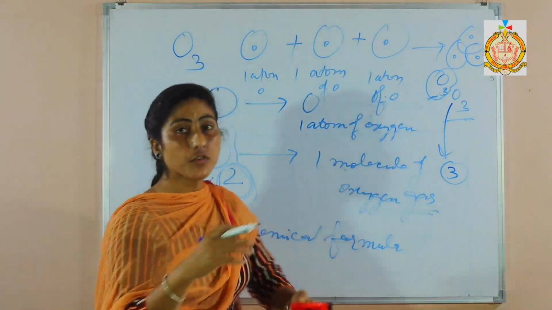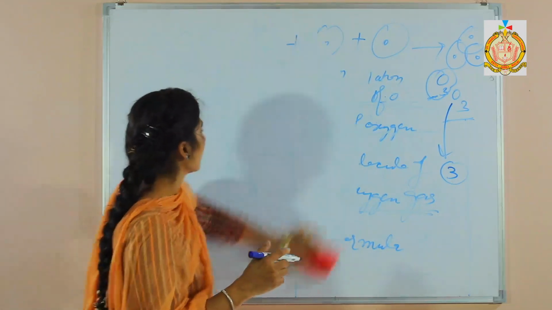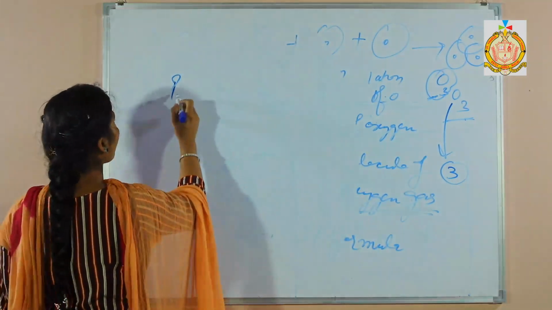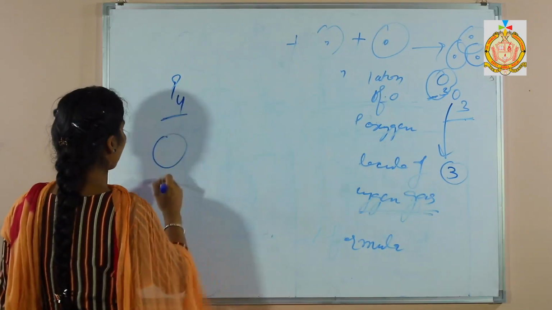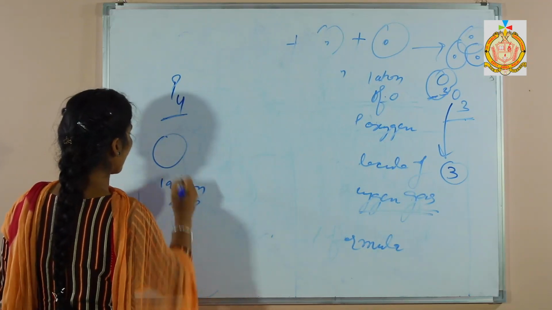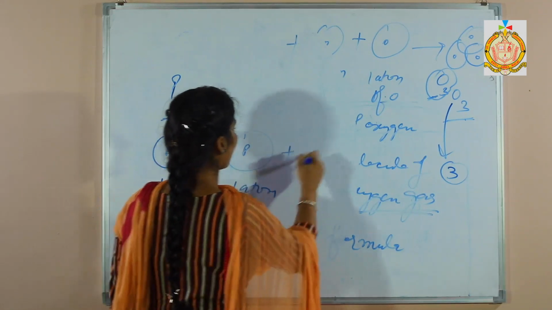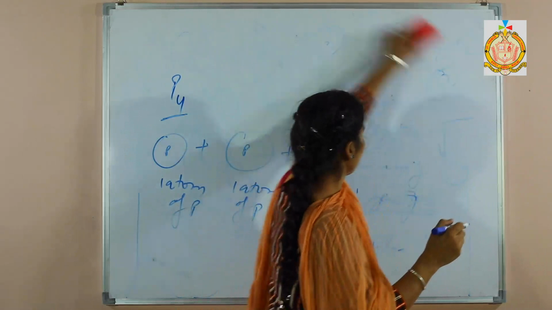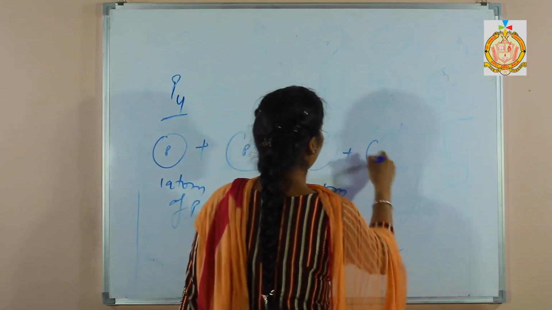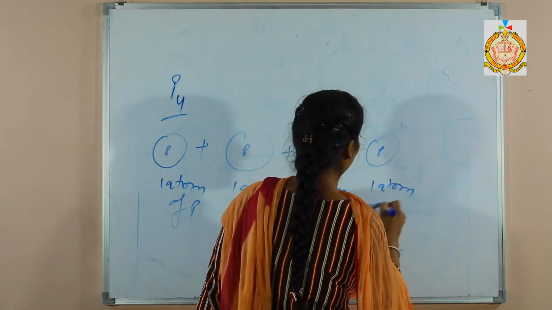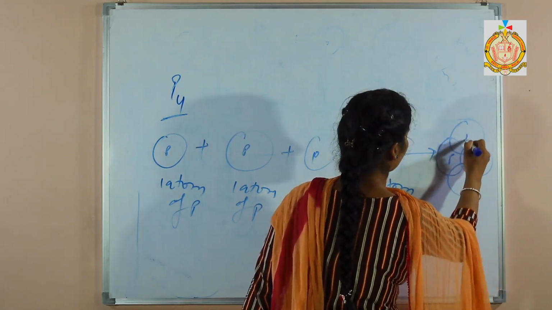If more than 3 atoms are present in a molecule, for example phosphorus has 4 atoms, one molecule of phosphorus is written as P4. It has 4 atoms: one atom of phosphorus plus one atom of phosphorus plus one atom of phosphorus plus one atom of phosphorus make one molecule of phosphorus.